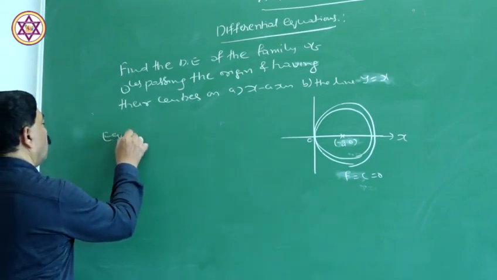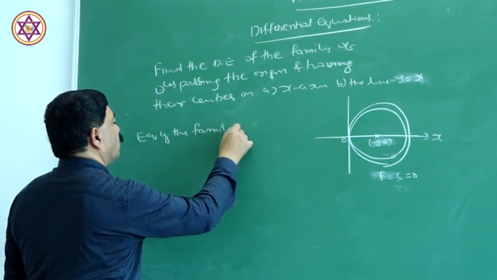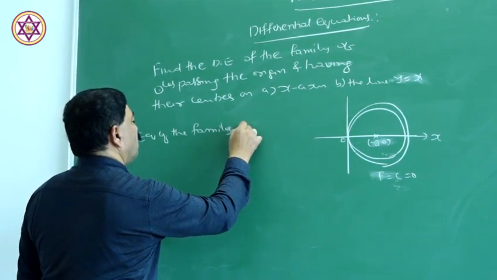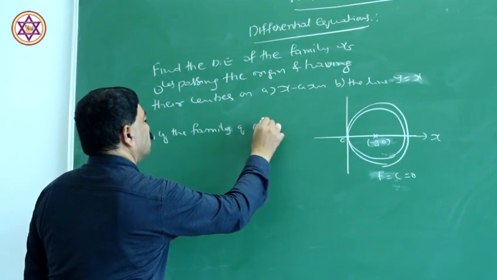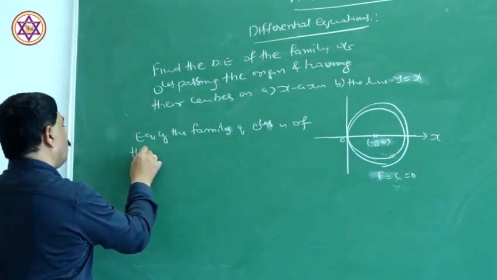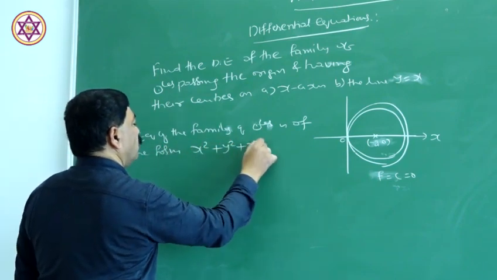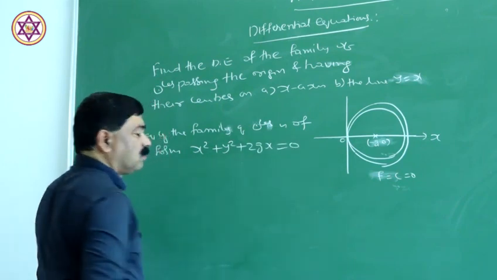Therefore, the equation of the family of circles is of the form x squared plus y square plus 2gx is equal to 0.